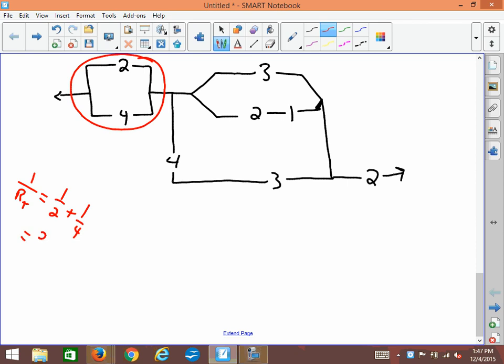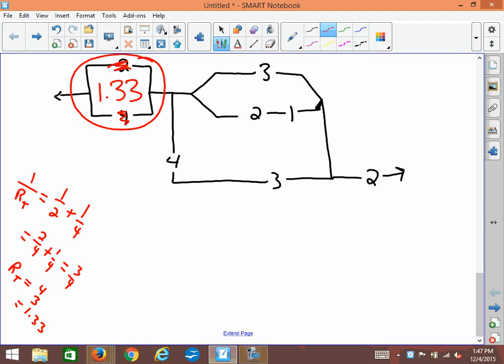Well, that's 2 quarters plus 1 quarter, which is 3 quarters. So RT is 4 over 3, 4 thirds, or that equals 1.33. So now I know this is 1.33.